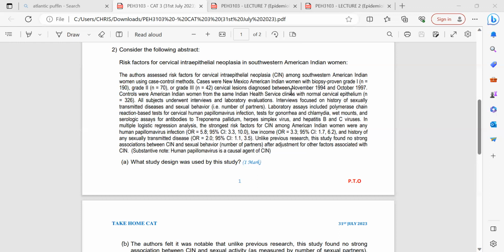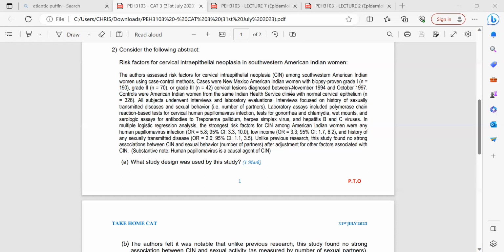In multiple logistic regression analysis, the strong risk factors for CIN among American Indian women were any human papillomavirus infection, with an odds ratio of 5.8. Low income was another factor with an odds ratio of 3.3. And history of any sexually transmitted infection had an odds ratio of 2.